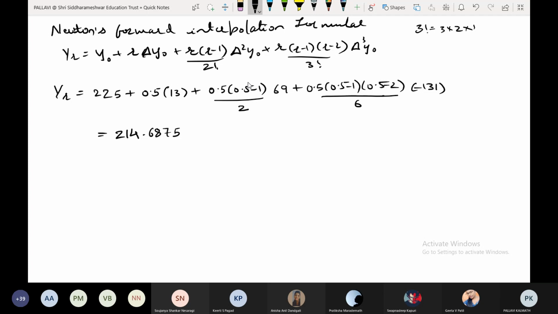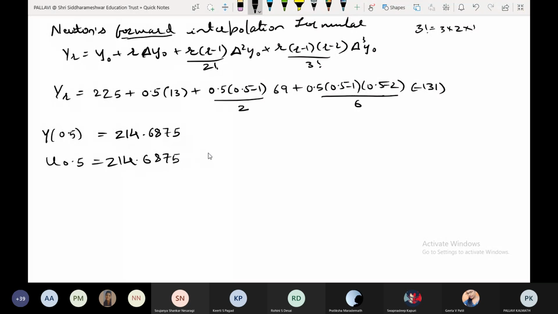Don't write the backward formula. It is the forward formula, because the question asks to find y of 0.5. The answer is 214.6875.